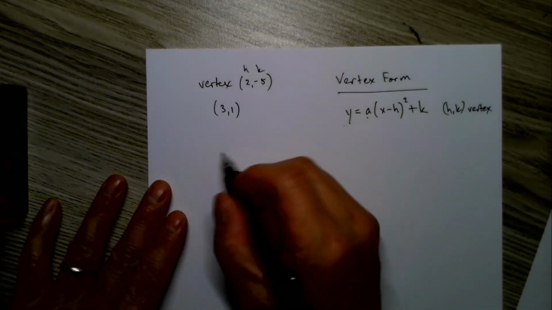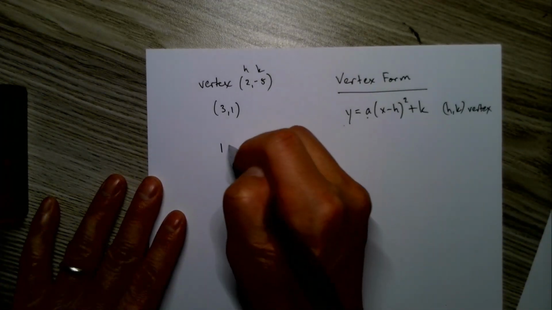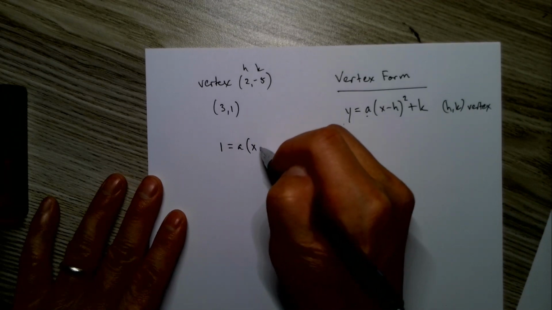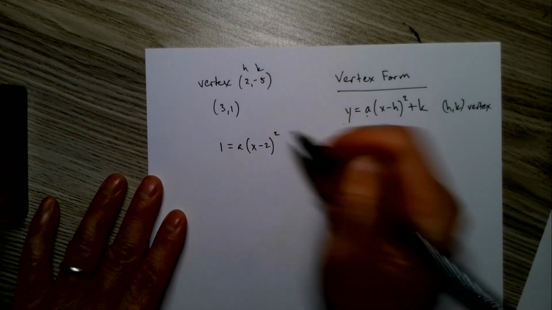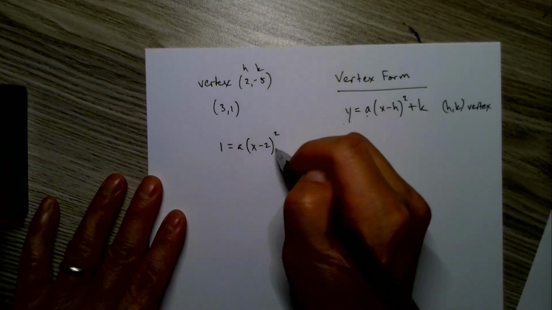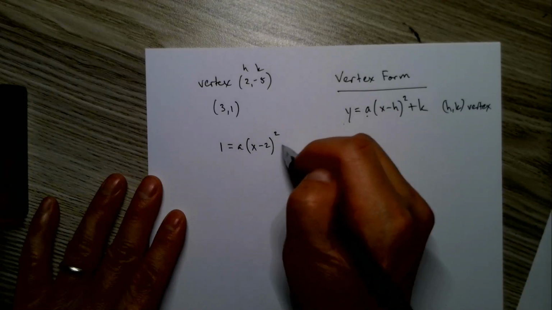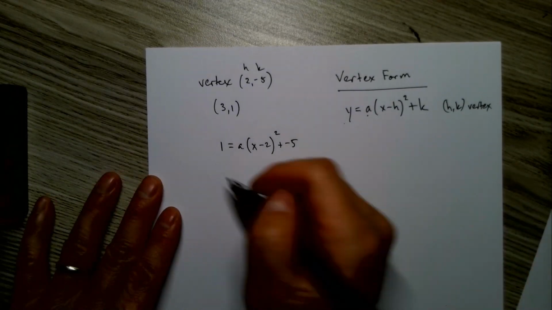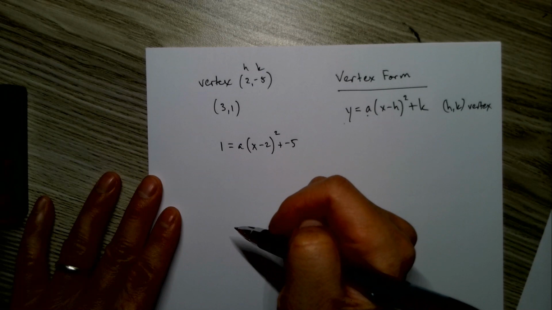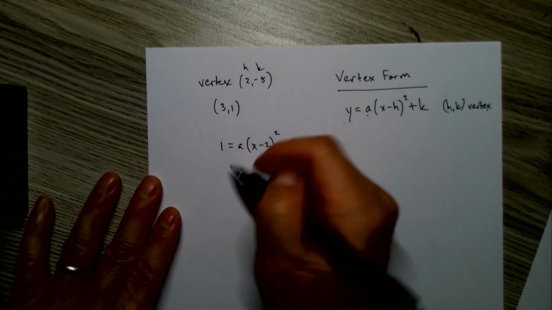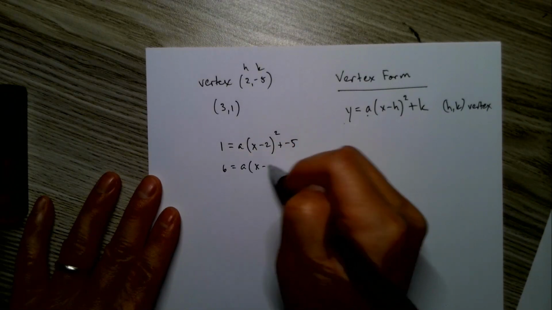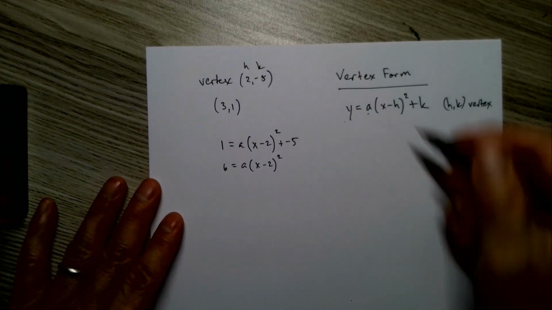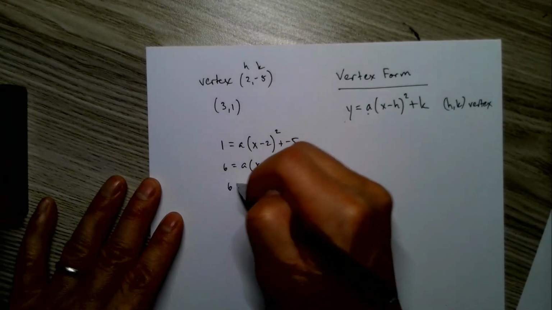Okay, so I'll put everything in. 1 equals a, which I don't know yet, times (x minus 2) squared plus k, which is -5. And first I'll add 5 to both sides. Oh, I forgot to put in x. I'll do that now.